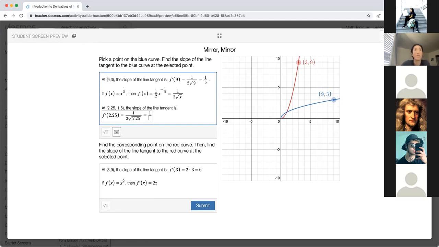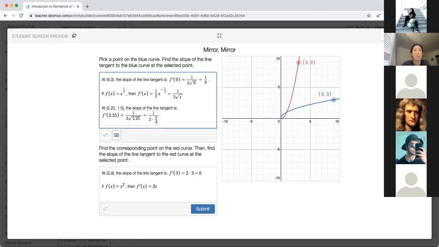So we get 1 over, let's see, 2 times 3 over 2, which reduces to 1/3. So we see that the slope there at 2.25 is 1/3.